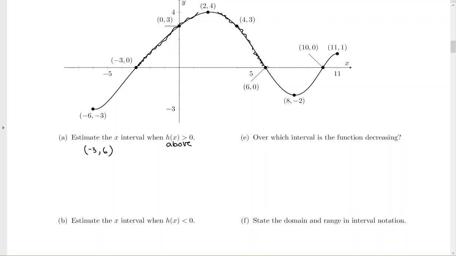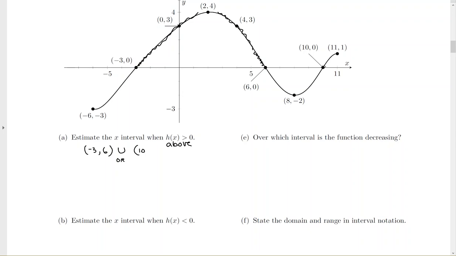Then we go below from 6 all the way over to the number 10. So we're going to use the union symbol, which just means or. We start at x equals 10, and again, we don't want to be on 10, we want to get on the other side of it. So if we put a bracket on 10, that would mean we're on the axis.